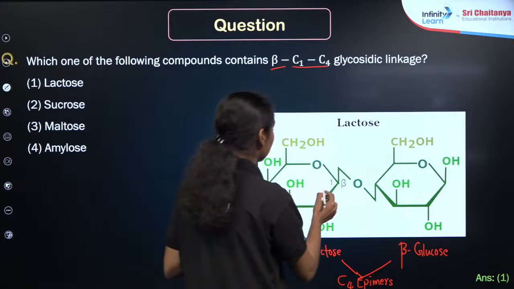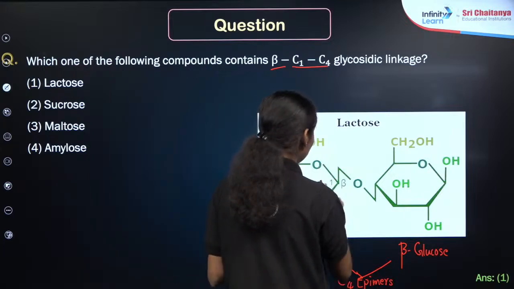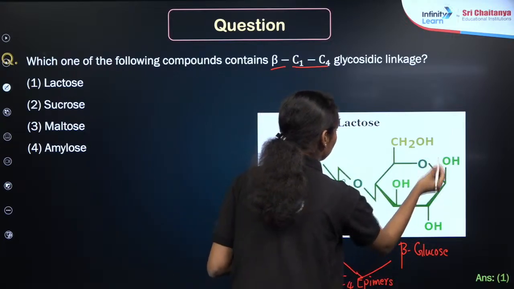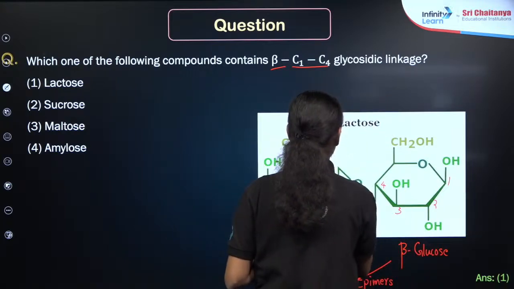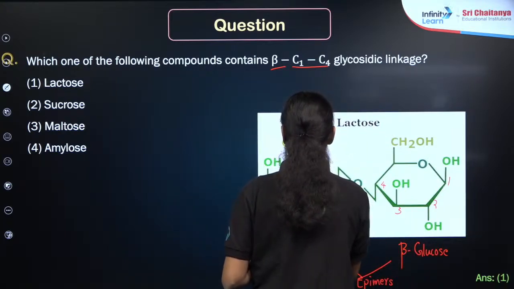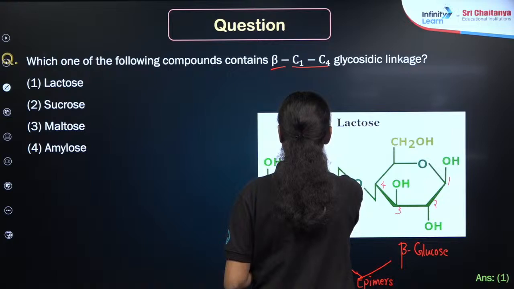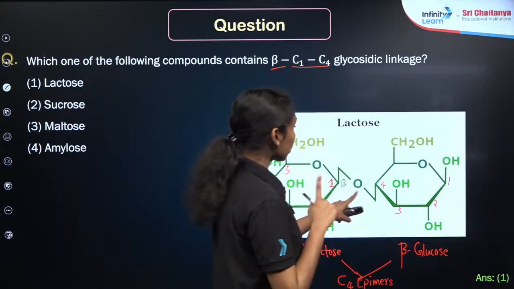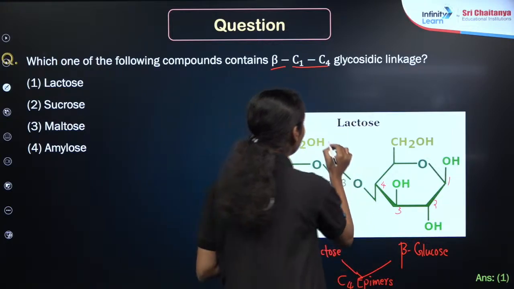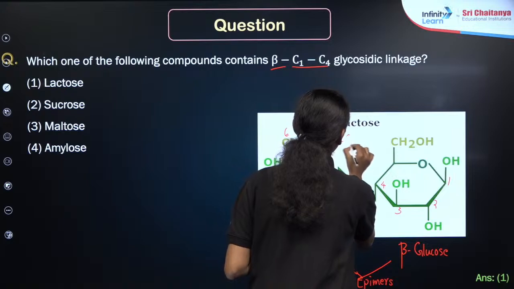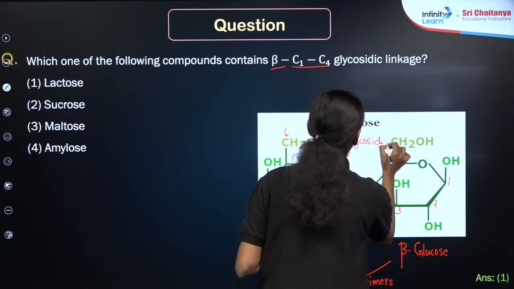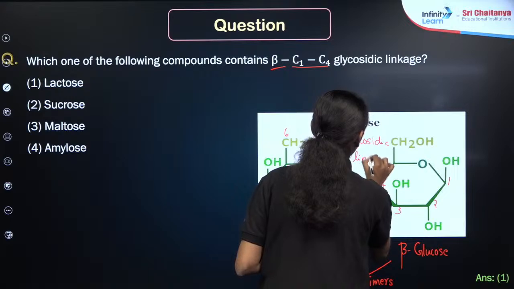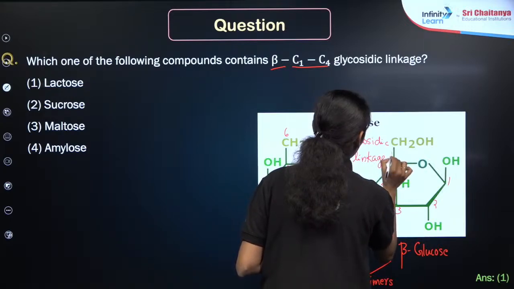So here you can see that the first carbon of the galactose will combine with the fourth carbon of the beta glucose to form a 1,4-glycosidic linkage in the case of the lactose molecule. Clear?